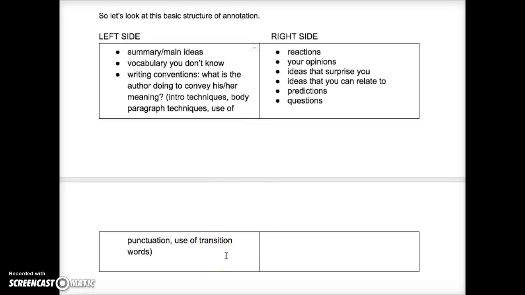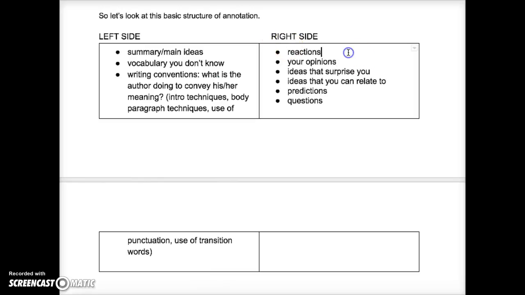And then on the right side, this is really important. So left side's the main ideas. If you don't have the main ideas of the text, then you can't really formulate any ideas about it, okay? So first, main ideas.